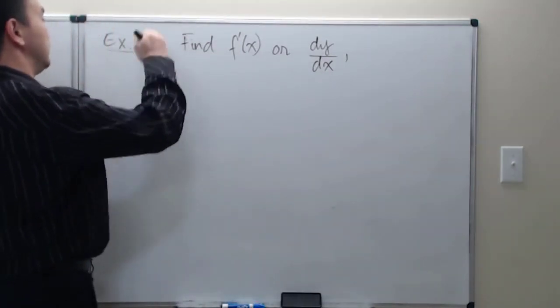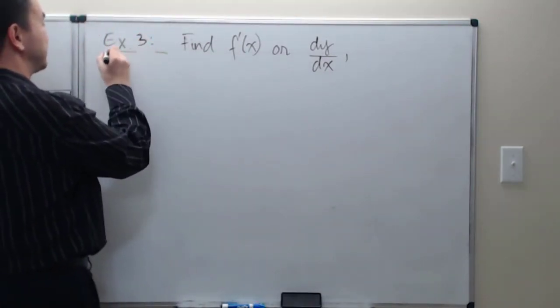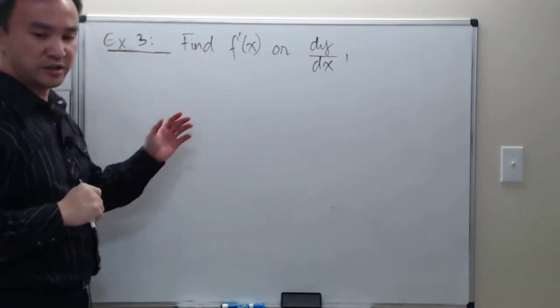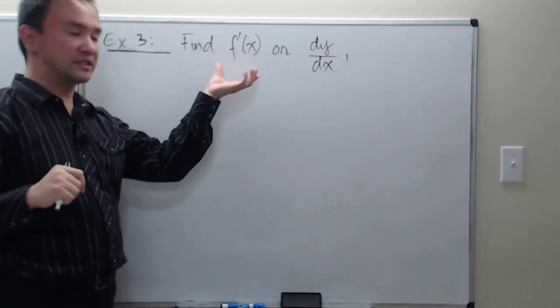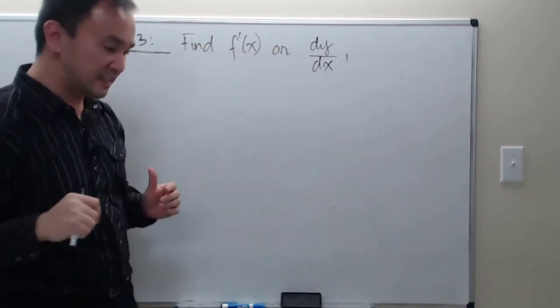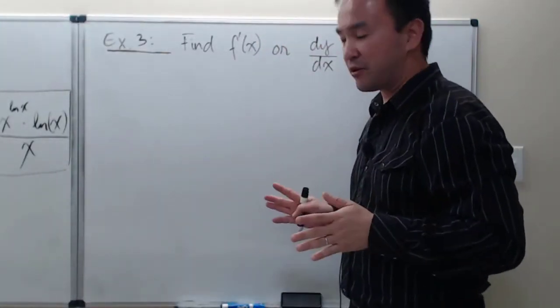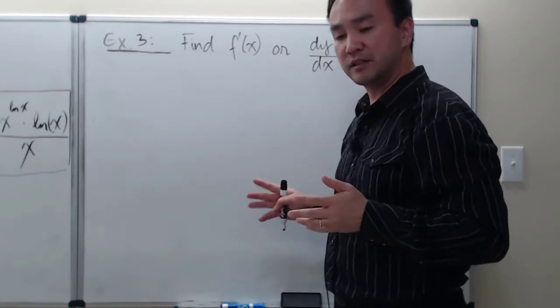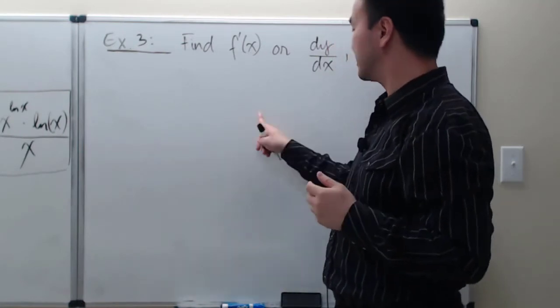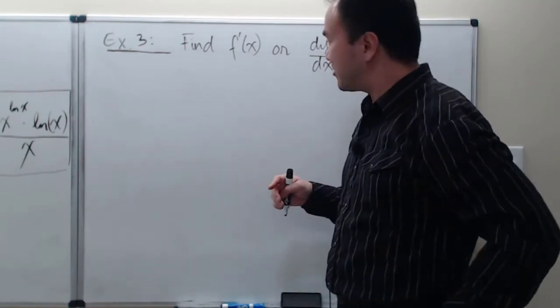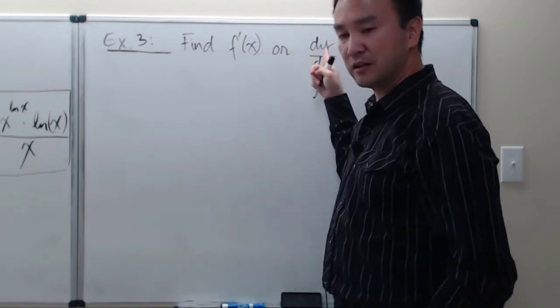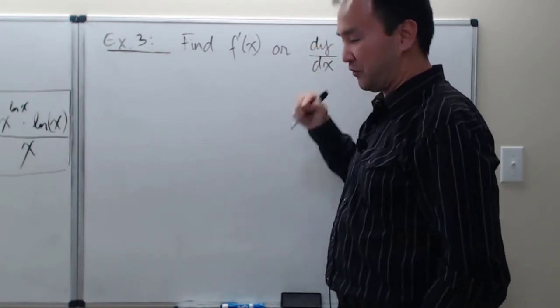In example 3, again, we are just going to find the derivative, either f prime symbol or dy dx. And as I have explained earlier, in this kind of problem, using logarithmic differentiation, this symbol is going to be a little more beneficial.